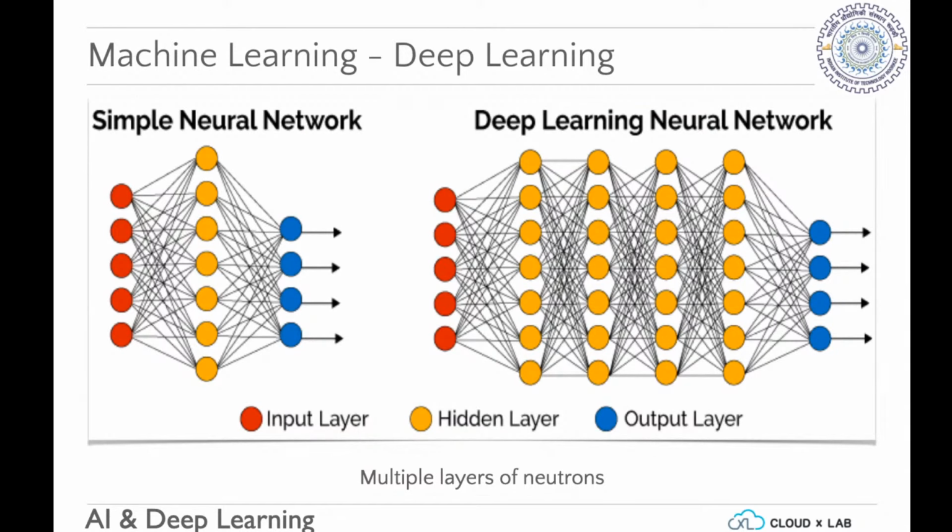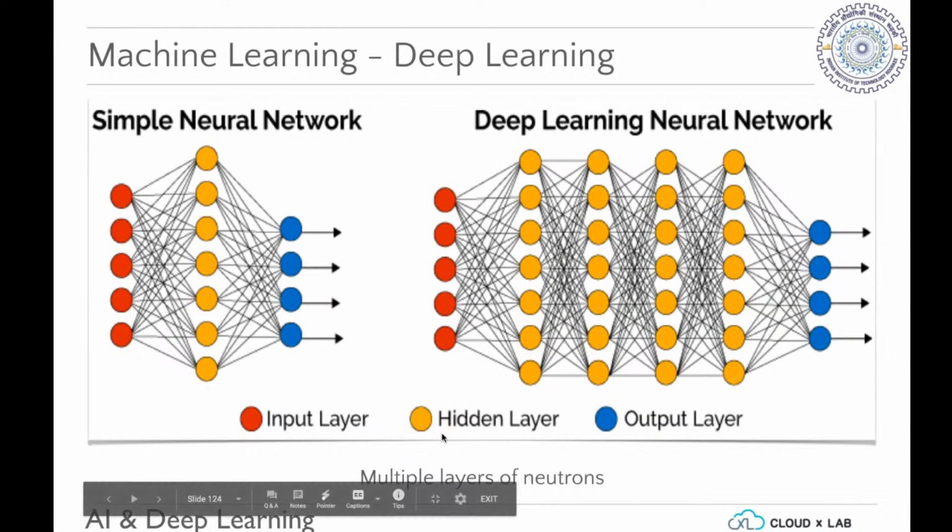So what is deep learning? In a simple neural network, you would basically just have, say, one layer between your input and output. What you see from outside is just an input layer and an output layer. You don't see the internal layers. The internal layers are internal to the model, and those are called hidden layers.